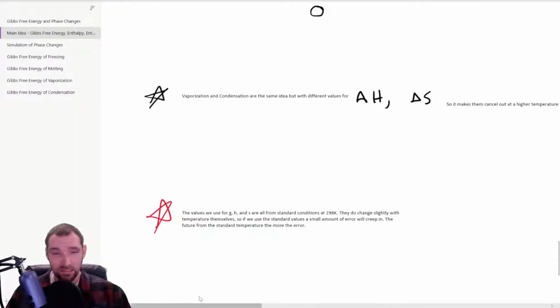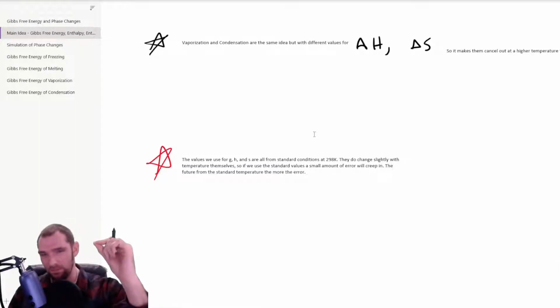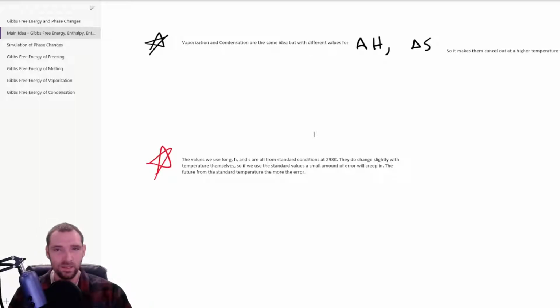Also keep in mind that the values we're using for the Gibbs free energy, the enthalpy, and the entropy are all from standard conditions. They do change slightly when you change the temperature. So you may see variation in some of these values, especially when you go to higher energy states. These things are going to vary a little bit, but we'll get close enough.